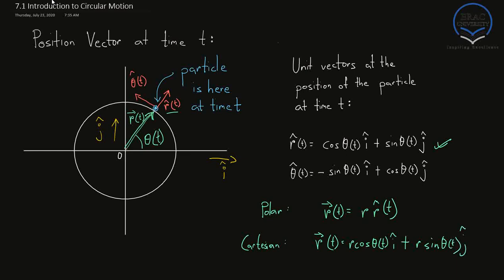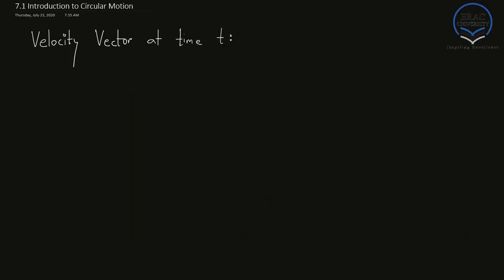Of course, now that we have the position vector at time t, how would we find the velocity at time t? Just differentiate. So the velocity vector at time t, v of t, is given by d r of t by dt, which is d by dt of r times r hat of t.